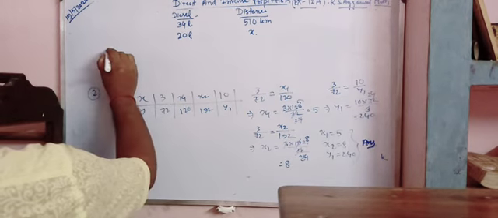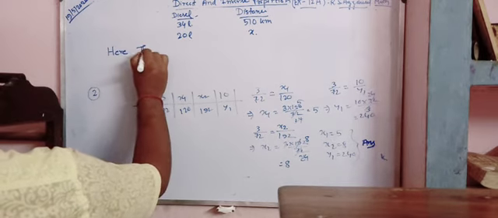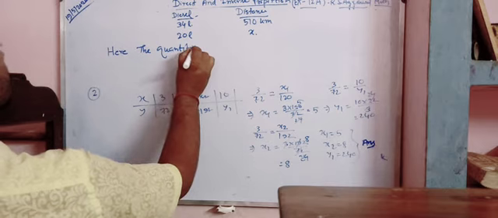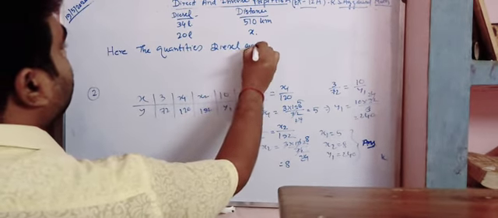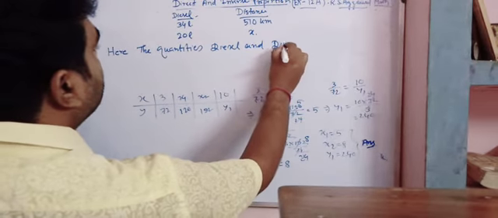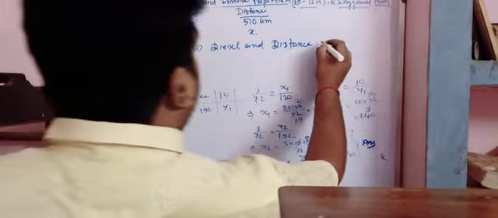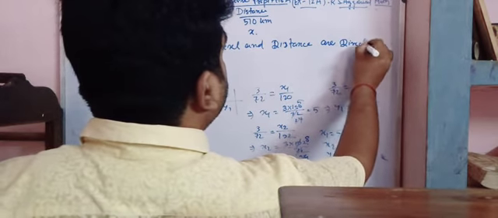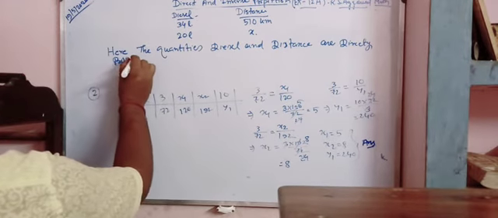So here we can write that the quantities diesel and distance are directly proportional.